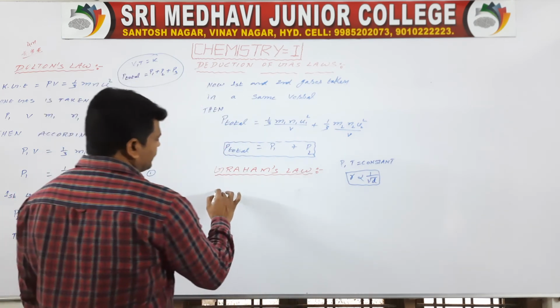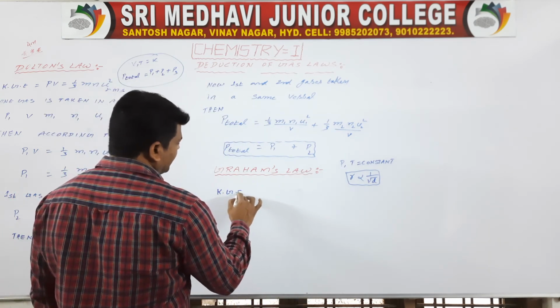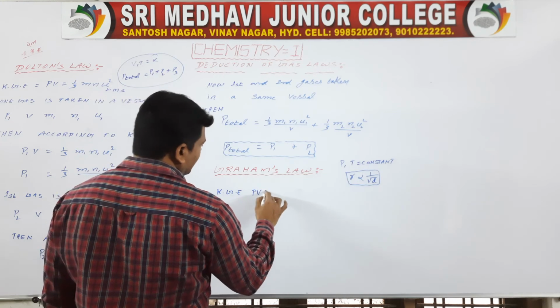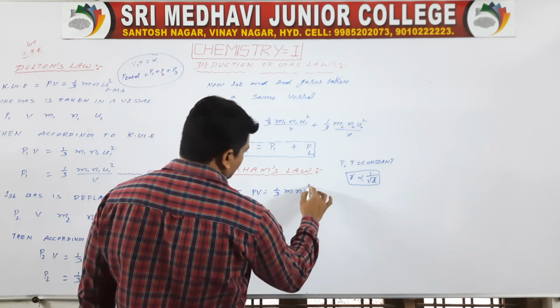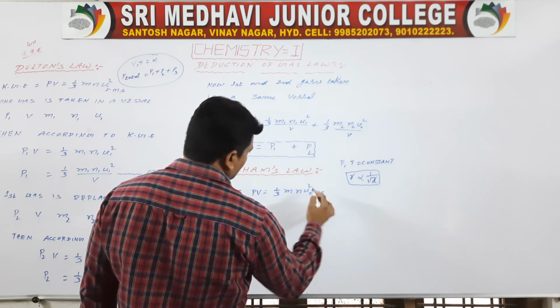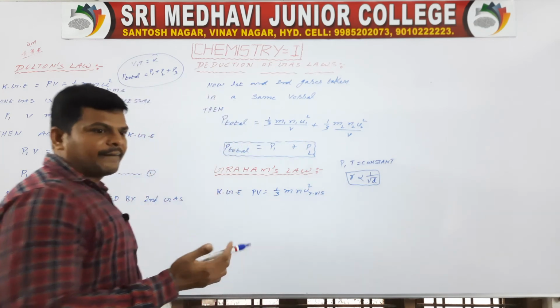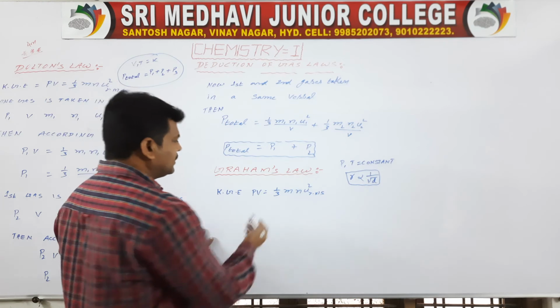So here I am taking the kinetic gas equation. PV equal to 1 by 3 m n u square RMS. Okay. Then what happened?